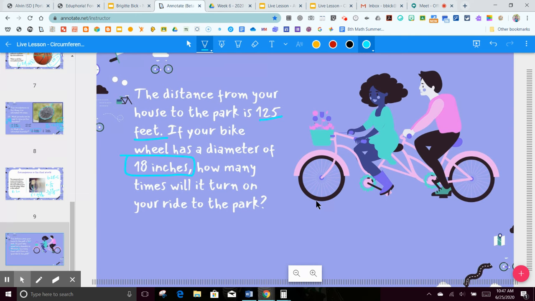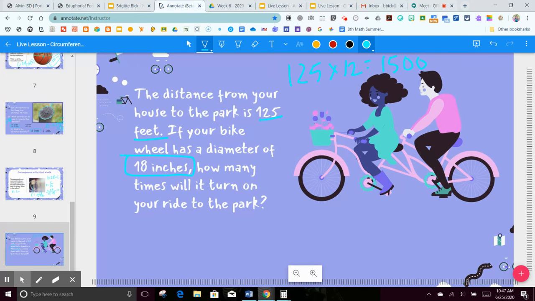The distance to the park is 125 feet, and our diameter, which means our circumference, is going to be in inches. So I'm going to multiply 125 times 12 because there's 12 inches in a foot, and I want to know how many inches it is to the park. So when I multiply that, I get 1,500. And I'm going to come back to that later in the problem.